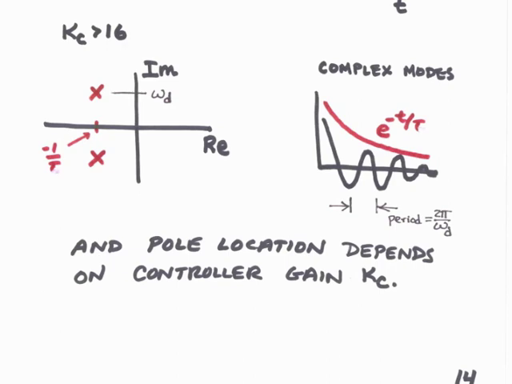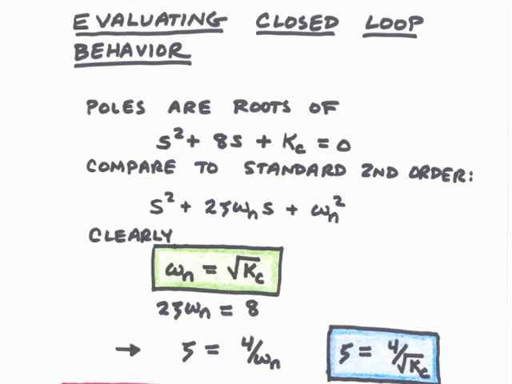Let's now evaluate the closed-loop behavior in a more quantitative fashion. We know the poles are the roots of the polynomial s squared plus 8s plus kc equals 0. If we compare this to the standard second-order form that we have for transfer functions, the denominator there is s squared plus 2 zeta omega n s plus omega n squared.